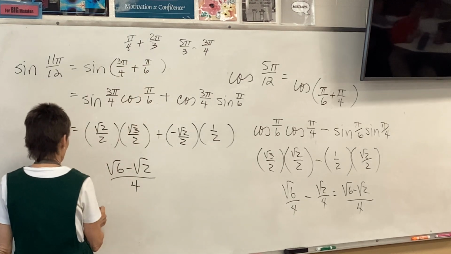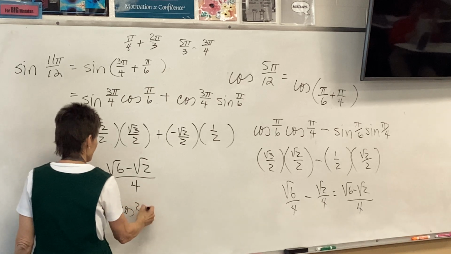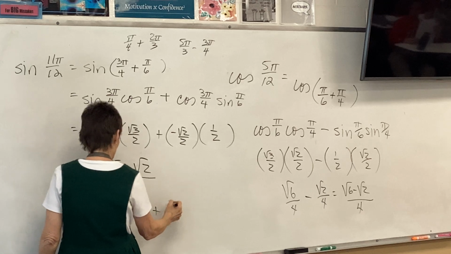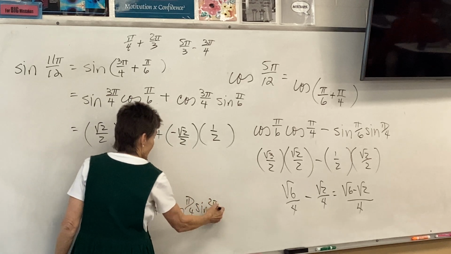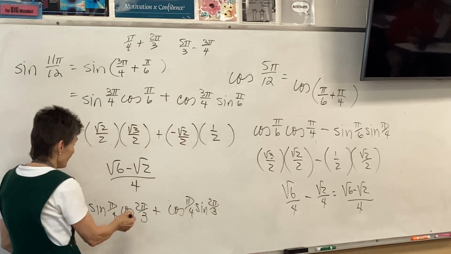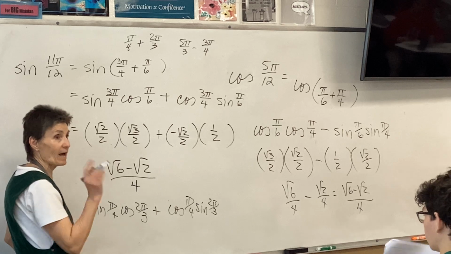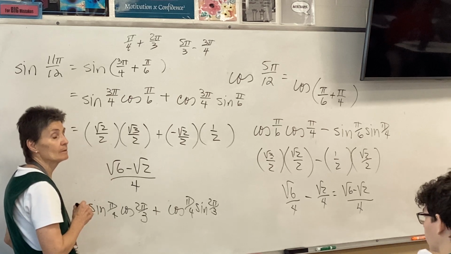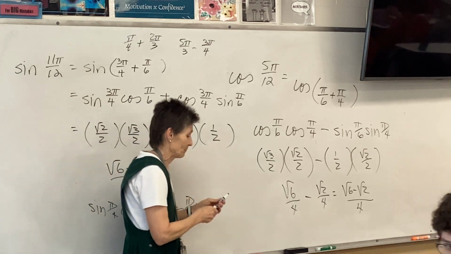So yours look like sine pi over 4, cosine 2 pi over 3, plus cosine pi over 4, sine 2 pi over 3. That's what yours look like? Okay, the cosine of 2 pi over 3 is negative a half. Oh, I just looked, yeah.